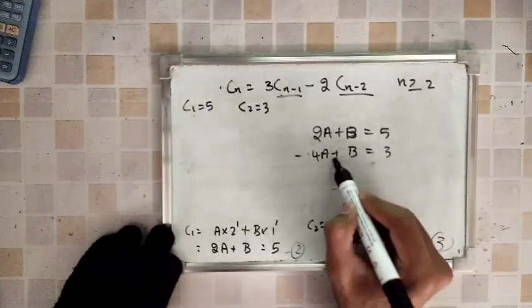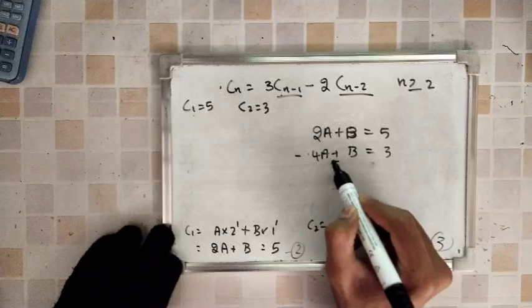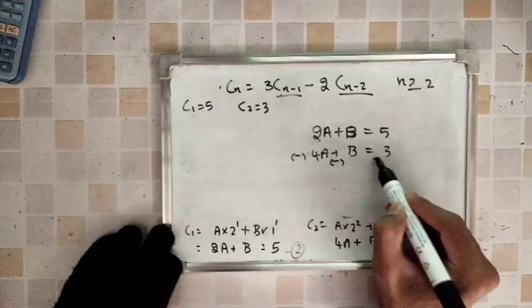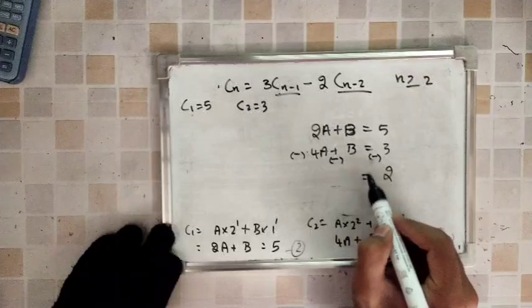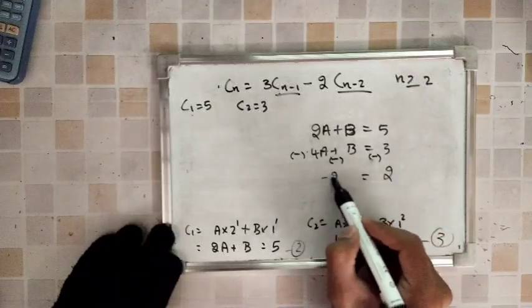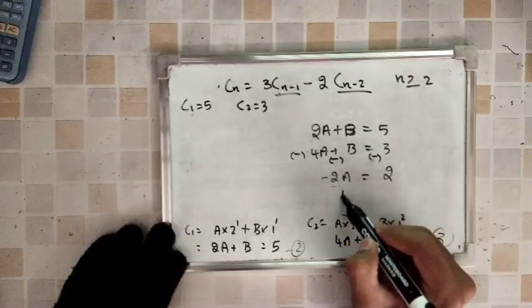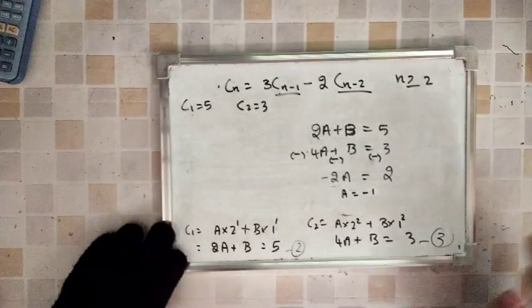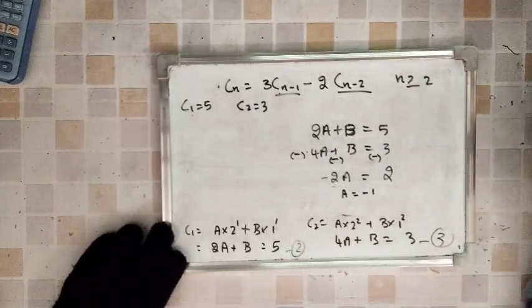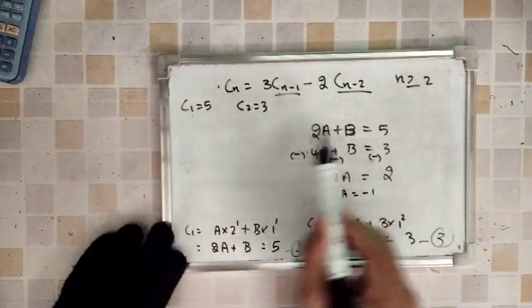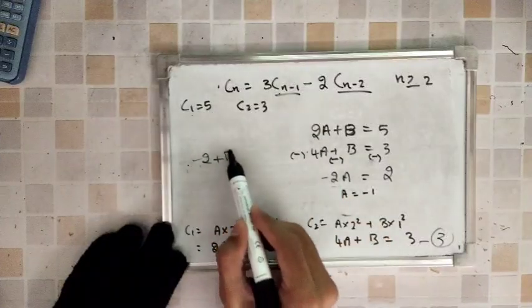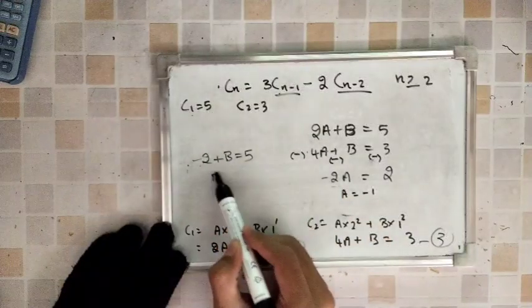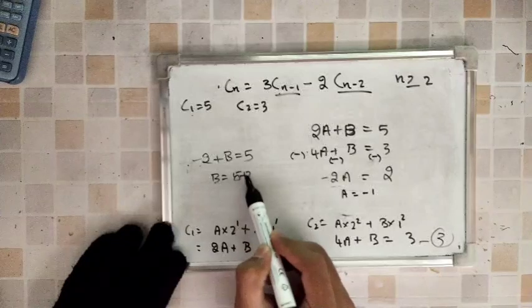So I have to do minus here. 5 minus 3 is 2, B minus B will not come, 2 minus 4 is minus 2A. So I can say that A equals minus 1. If I substitute A equals minus 1 here, 2 into minus 1 is minus 2 plus B equals 5. B equals 5 plus 2 equals 7.